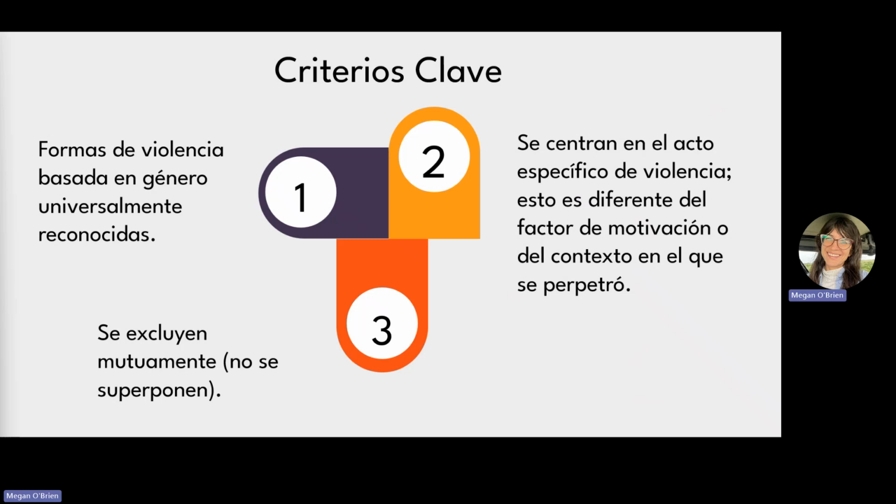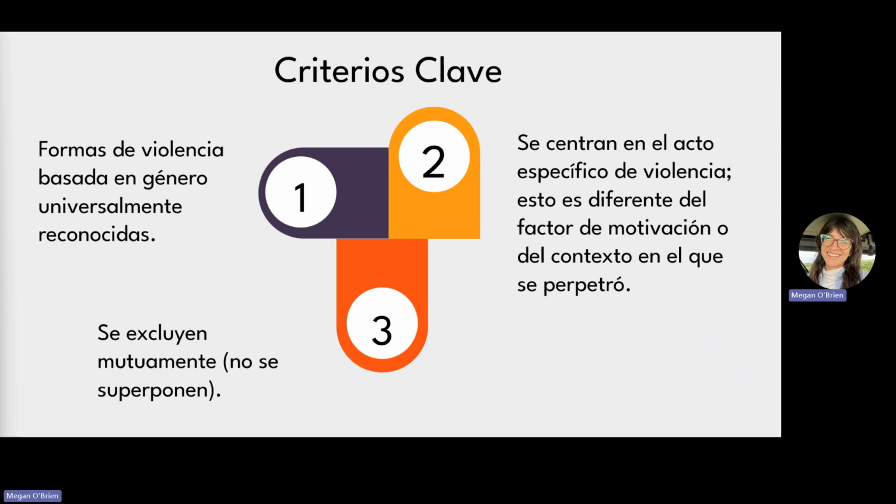So in order to have a type, again, we focus on the violence, not the context or the motivation. And then the types of violence needed to be mutually exclusive. They couldn't overlap. And that's how we came to the 6 types of GBV as a part of the classification tool.